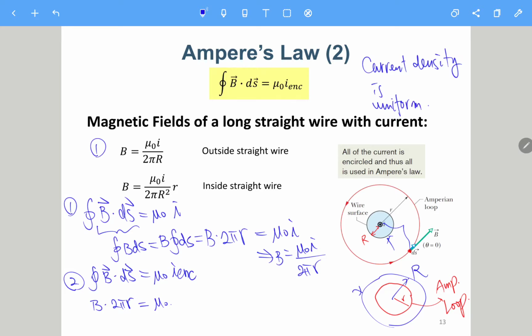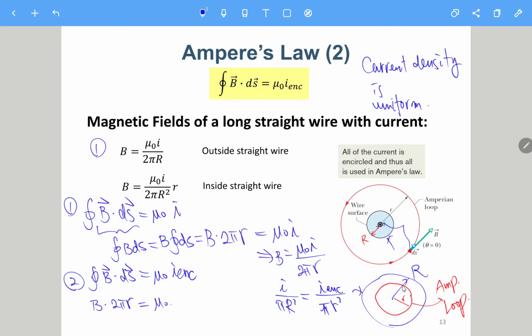So the current density for the whole wire is I over pi capital R squared, which is the cross-section area.